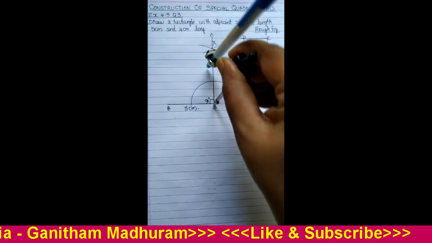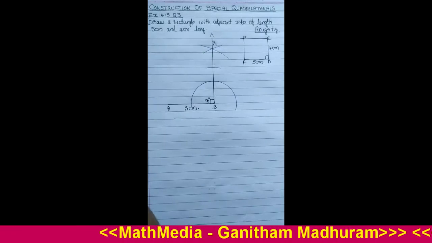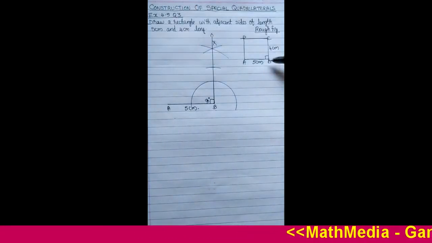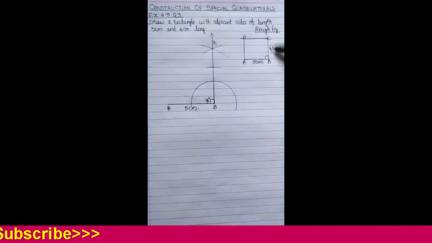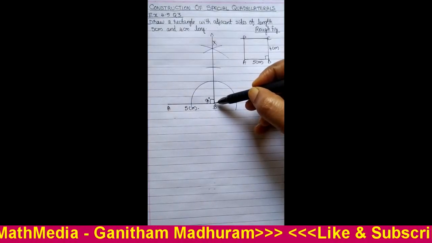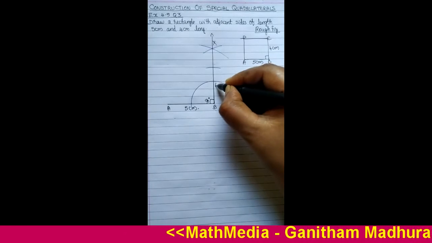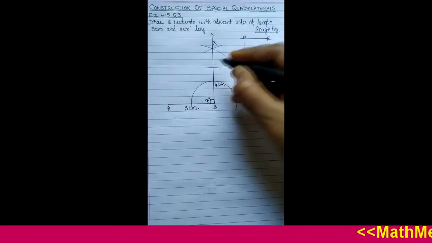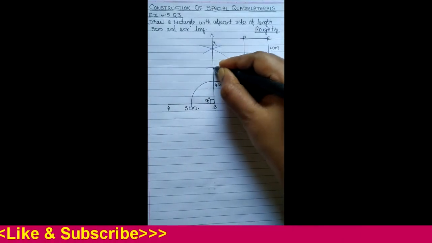Now with the center B you have to draw an arc. The point C is 4 cm away from B. So we took center B and radius 4 cm, drew an arc, and this is the point C.